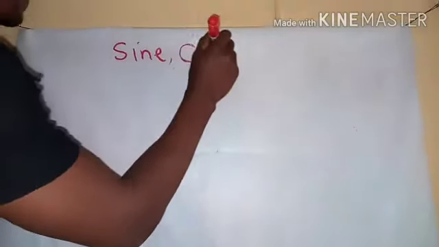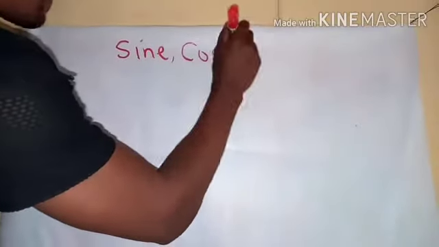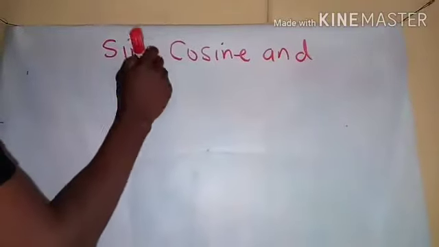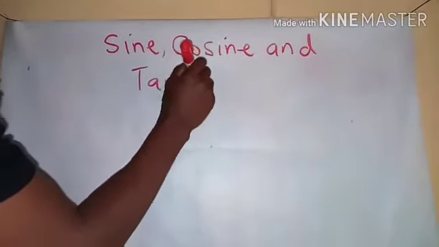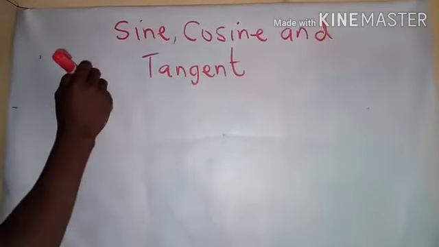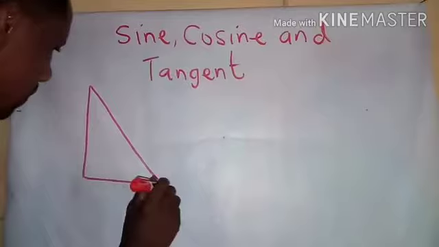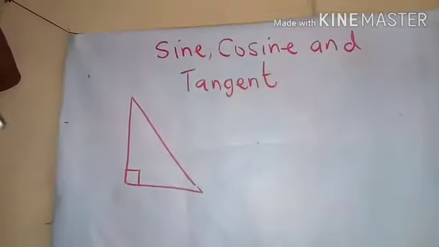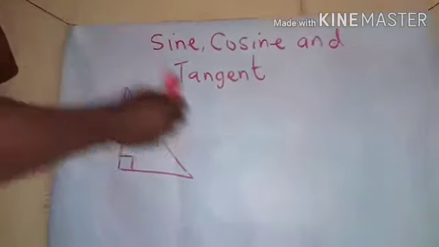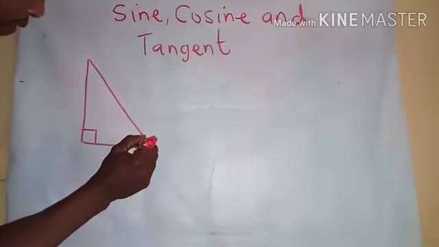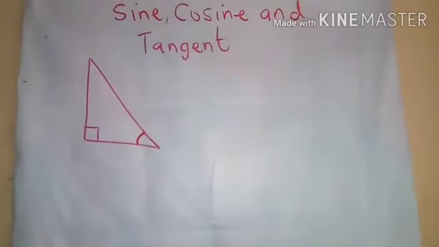Sine, cosine, and tangent. Using this right angle triangle, for example, this is the angle that is given.